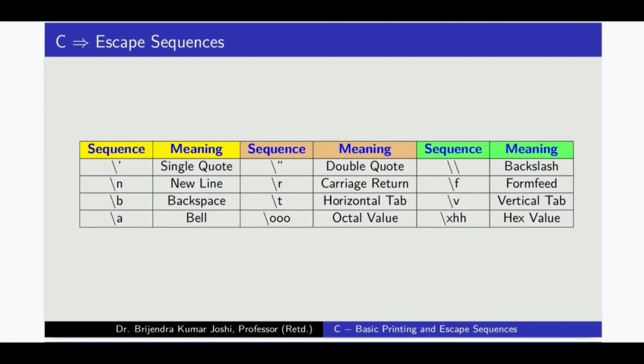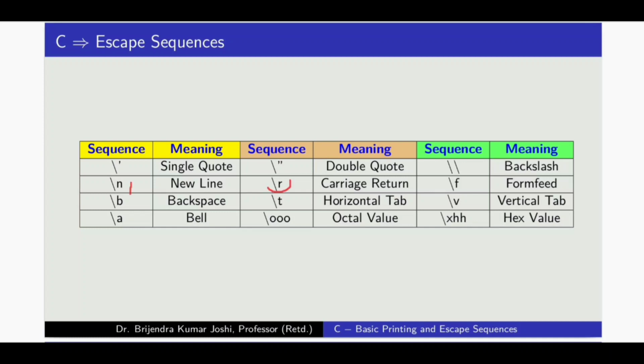Now you can see here, if you want to print a single quote by making use of an escape sequence, it is \' . If you want to print a double quote, put it behind \ . If you want to print \, then for \ we can use a double \\ to print the \. Then \n we have already seen.